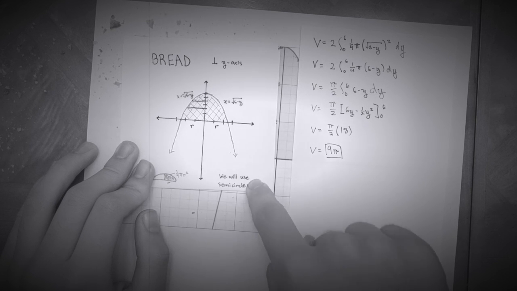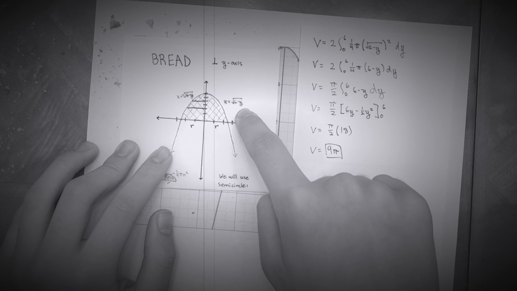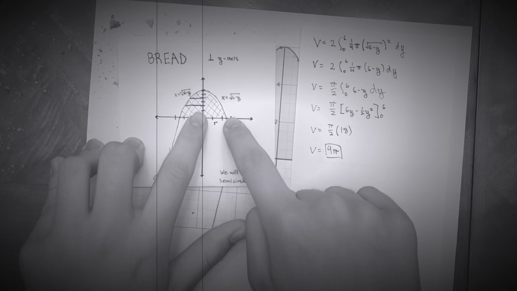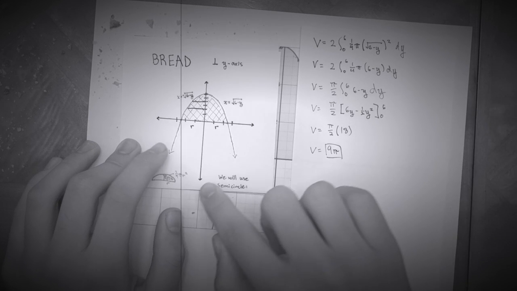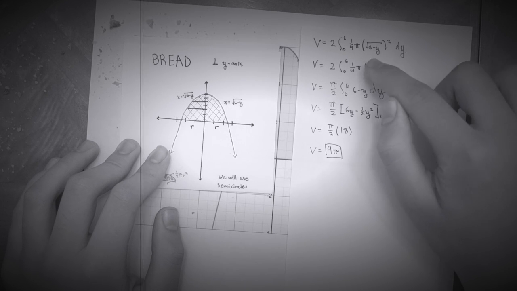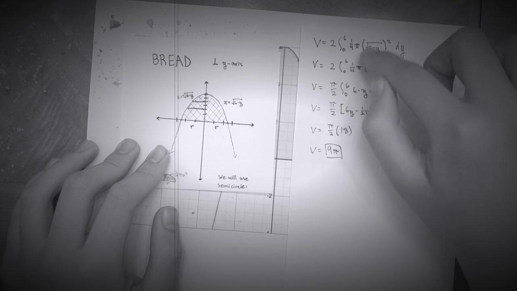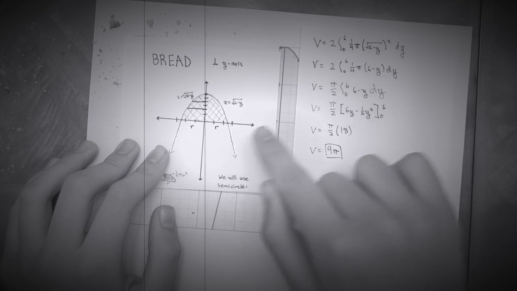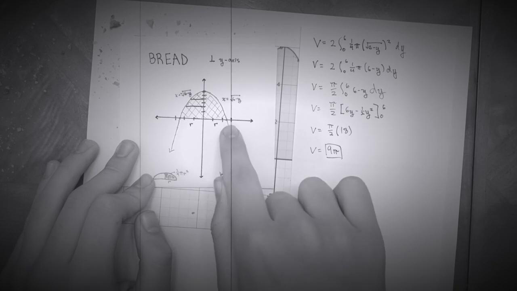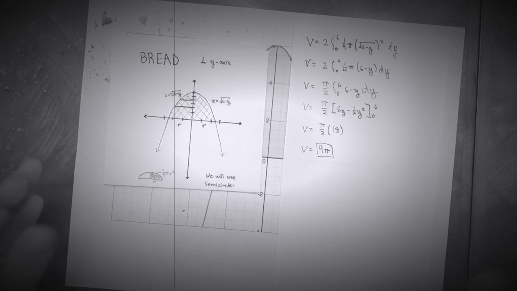That r squared is represented by the square root of 6 minus y, because the r length is defined by that function at all of these points. So we substitute r with the square root of 6 minus y, squared, over all values 0 to 6 of y. But we have to multiply this by 2 because we have 2 quarter circles, one on each side. And that's one of the ways you can represent this function.